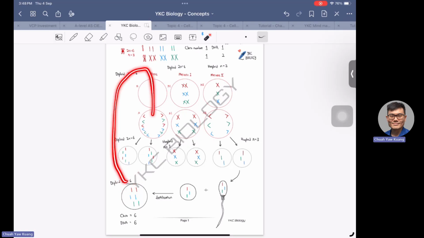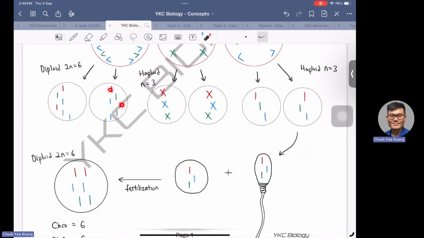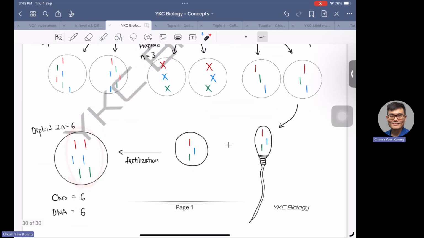The daughter cell produced after going through mitosis is the same. It also has 3 pairs of homologous chromosomes, as you can see here, red, blue, green. Chromosome number is also 6, and DNA content is also 6, just like the parent cell, just like the zygote here.